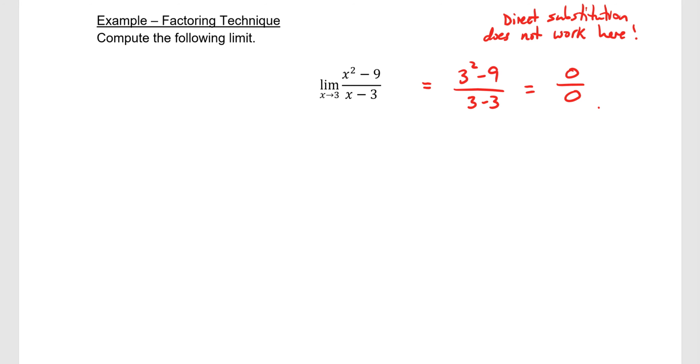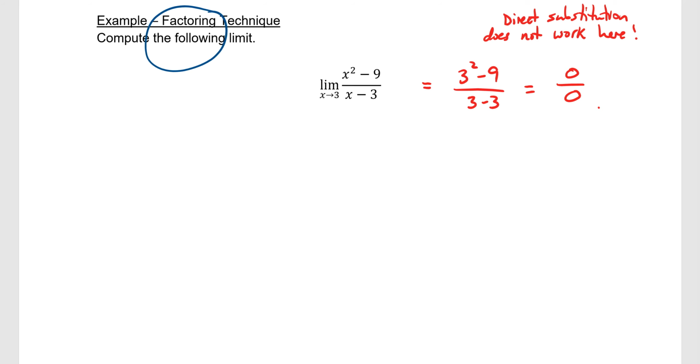So that means direct substitution does not work because it made the denominator 0. Even though this was a rational function, direct substitution should work for rational functions unless it makes the denominator 0.